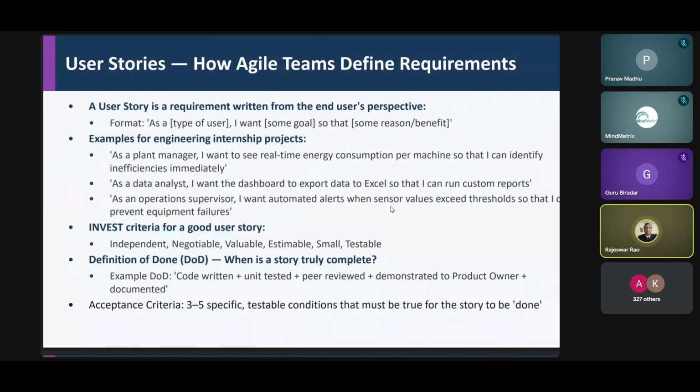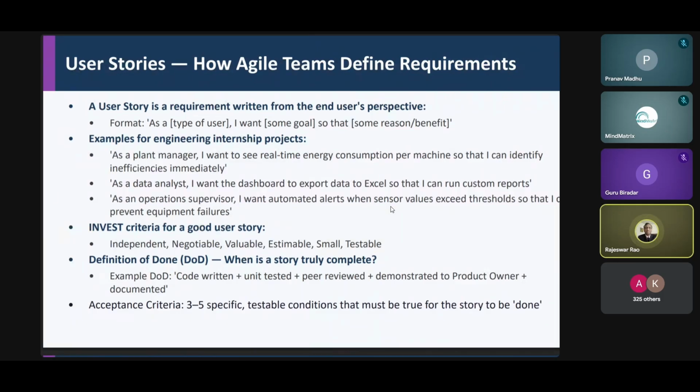And more importantly, your listening, speaking, and writing skills in interacting with the customers and recording all the user stories. I think for me, it's one of the most important skills in any software development project lifecycle.